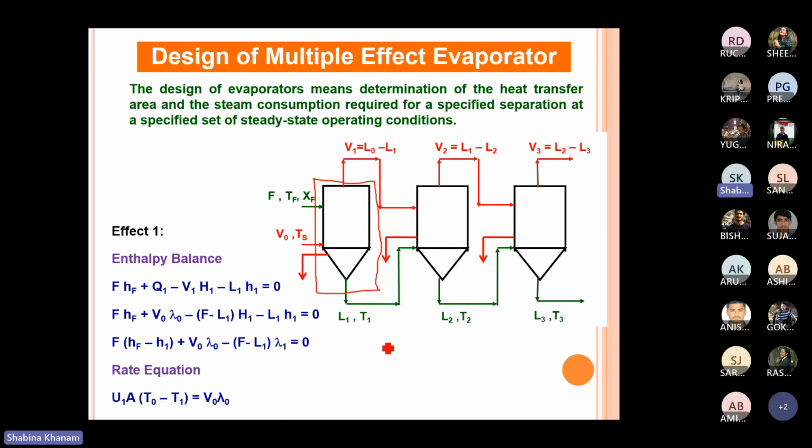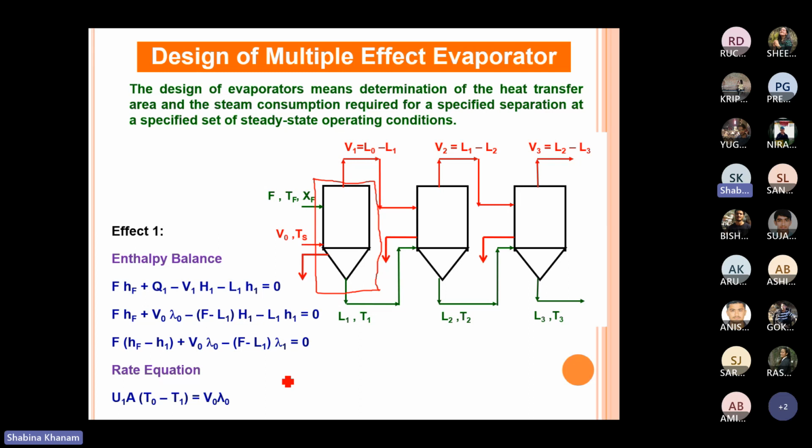So U1 A (T naught minus T1) should be equal to V naught lambda naught. In that way we can have the first effect equation. I have not considered A1 over here, because we consider that the area is the same for all effects, so that we will see further.